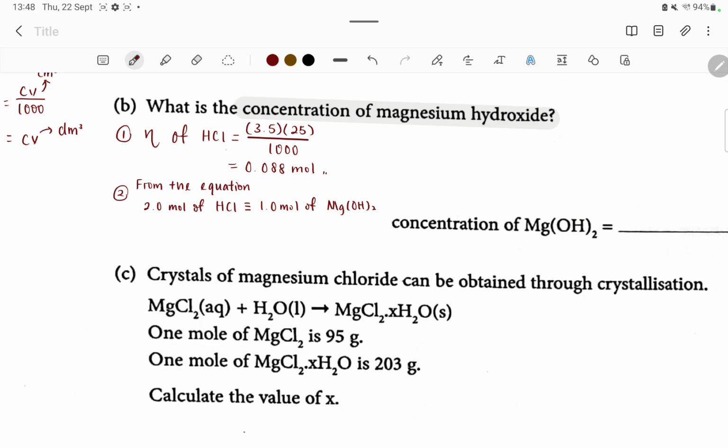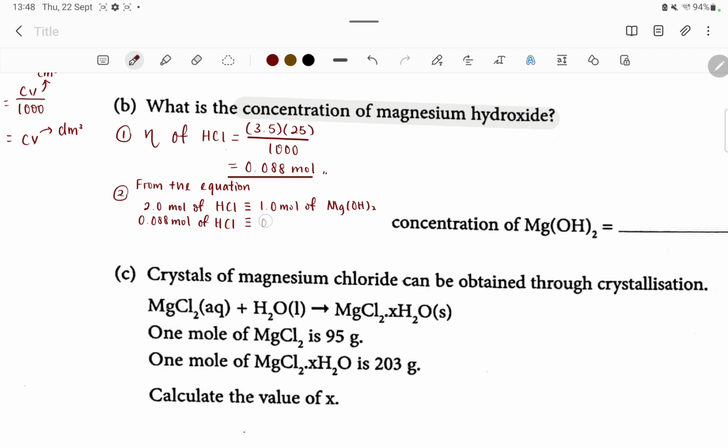So this one is magnesium hydroxide lah. So if the number of moles here is 0.088 mole of hydrochloric acid, this one should be divided by 2 lor.